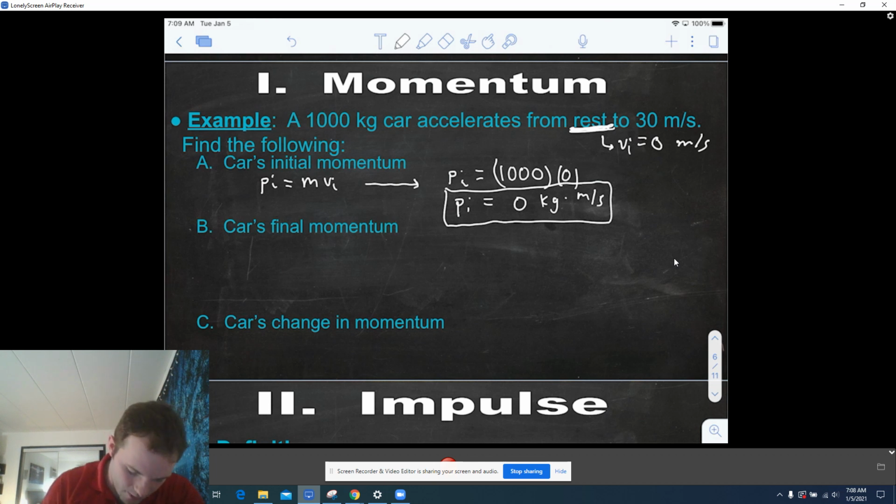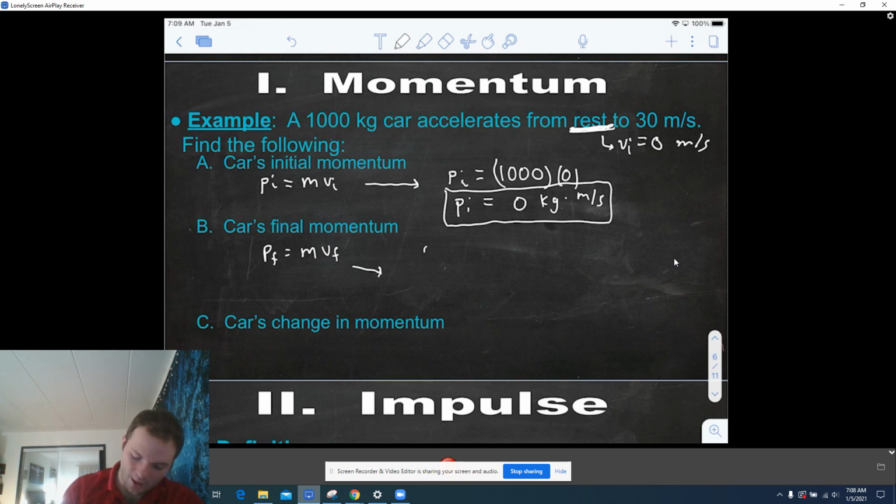Final momentum, I'm going to get P_I is equal to m, or no, my bad, it's the final. So we're going to get P_F is equal to m times v_F.